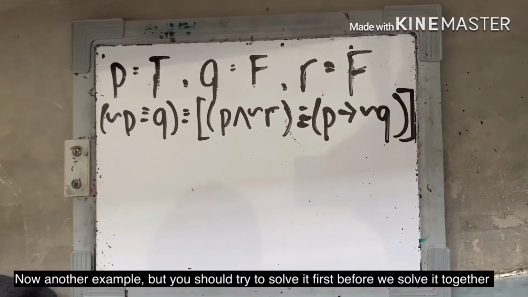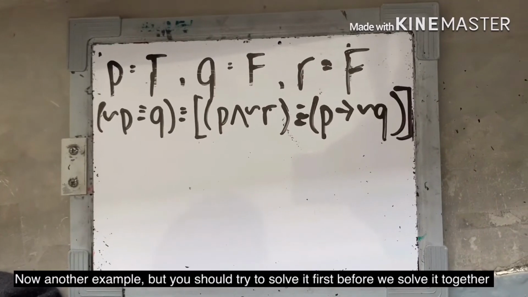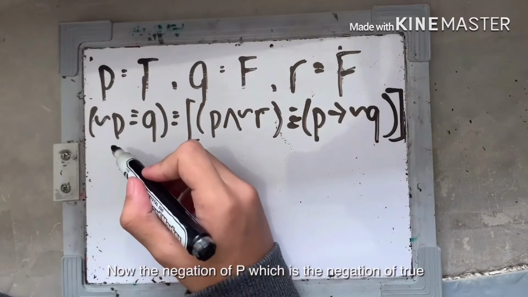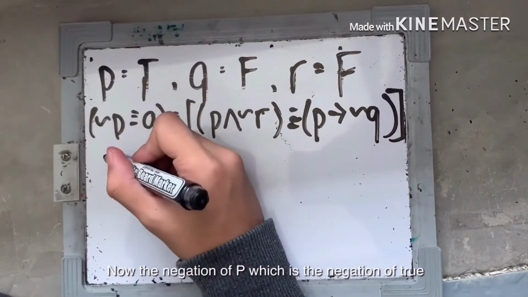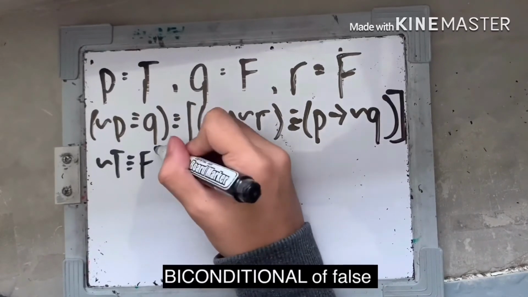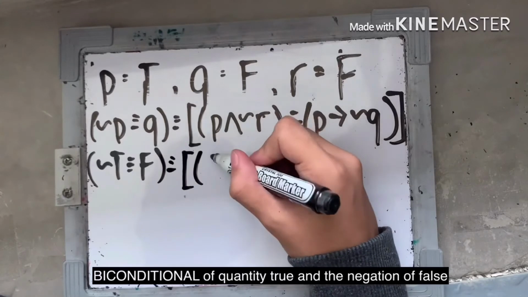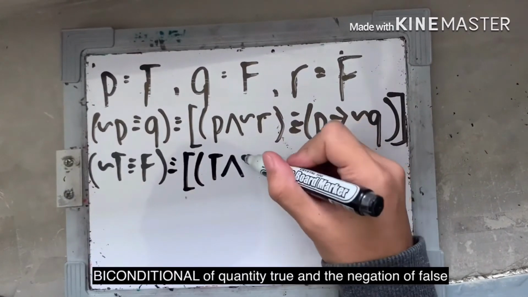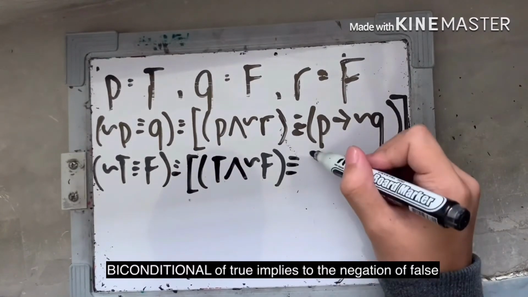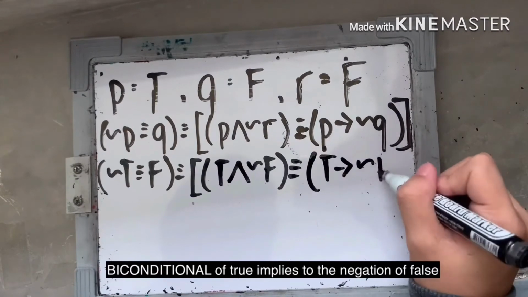Now, another example, but you should try to solve it first before we solve it together. Now, the negation of P, which is the negation of true, biconditional of false, biconditional of the quantity true and the negation of false, biconditional of true implies the negation of false.